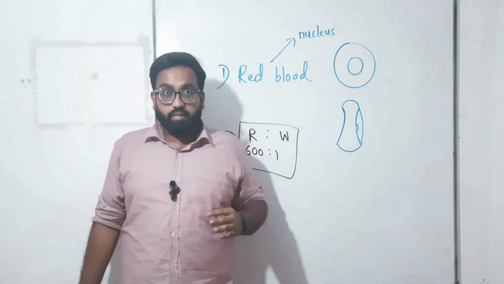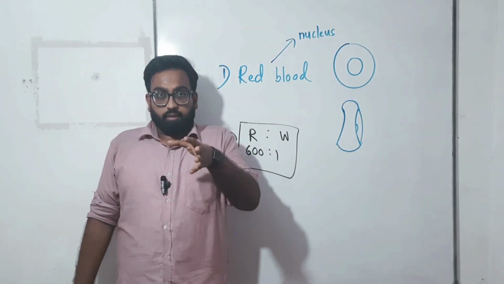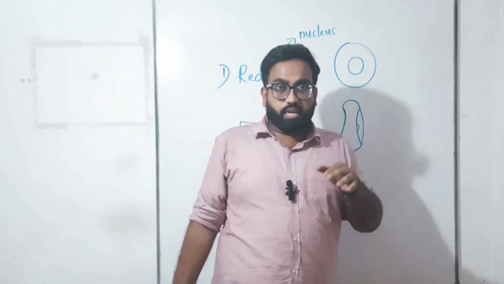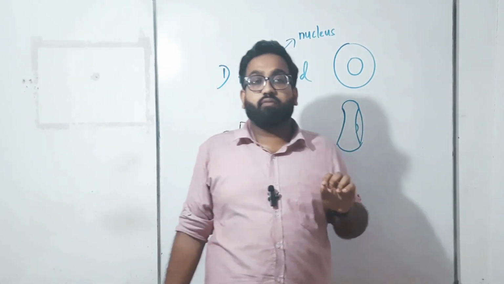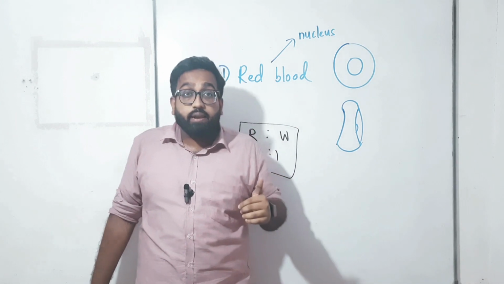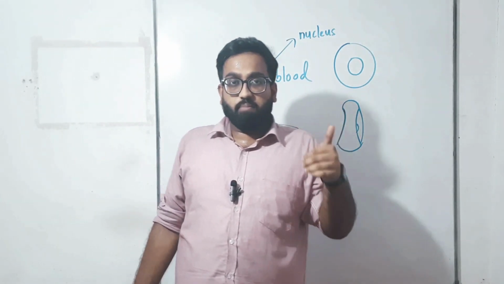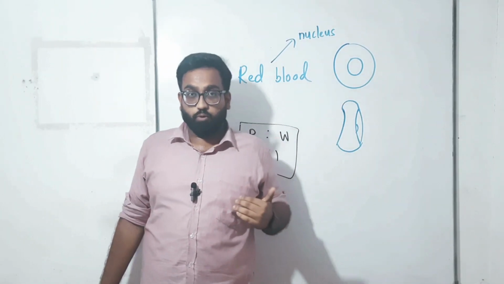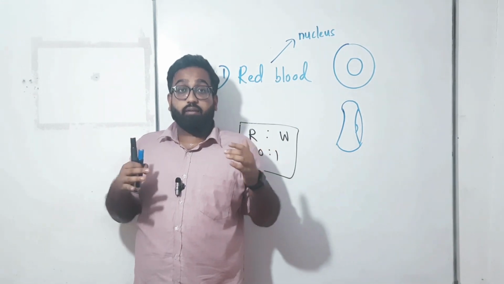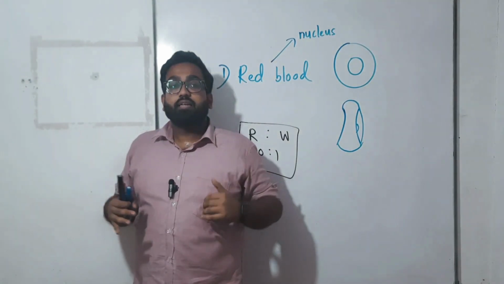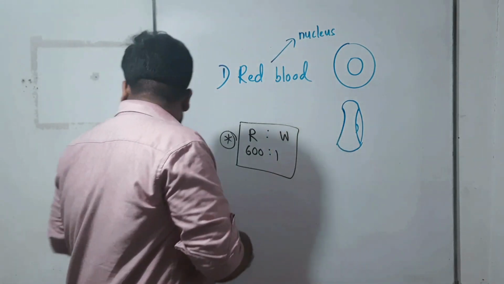That's why it should be emitted, it should be released. So, the carbon dioxide that is made is taken to the lungs by our red blood cells. And through the red blood cells, we are taking oxygen into our body. That oxygen is taken by red blood cells and transported to the cells. So, children, it is like this, right?